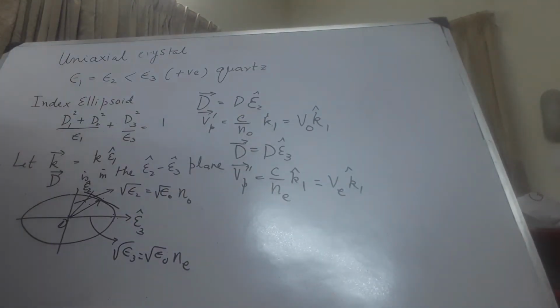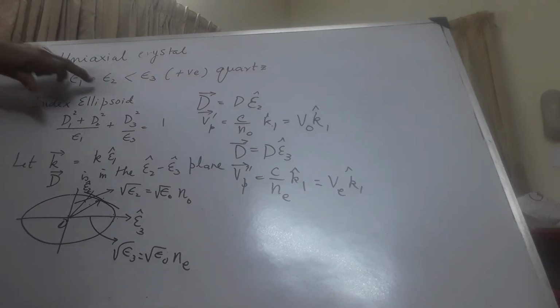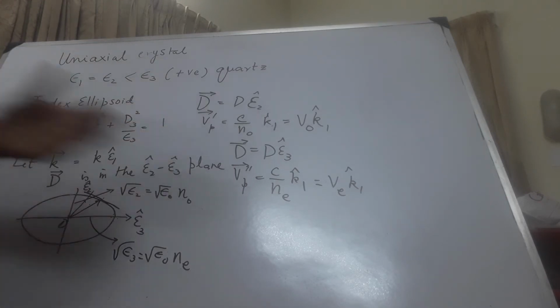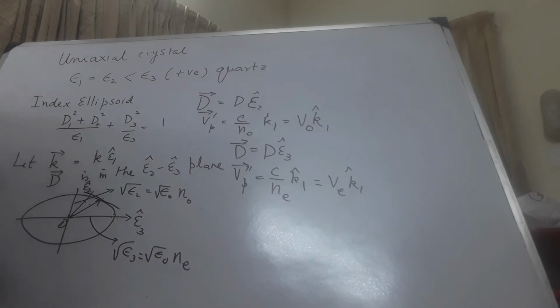So this is the analysis if K vector was in the epsilon 1 plane. Notice there is an axial symmetry when I rotate about the x3 axis, because epsilon 1 is equal to epsilon 2. So if I take K vector equal to K epsilon 2, I will get a very similar analysis. D along epsilon 1 will have ordinary velocity, D along epsilon 3 will again have extraordinary velocity.